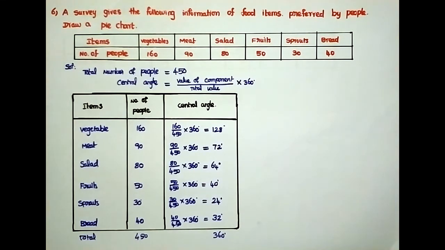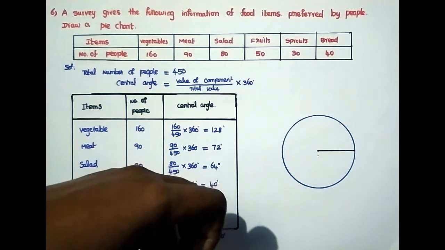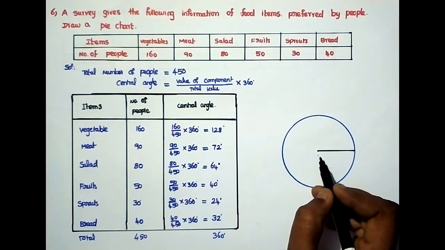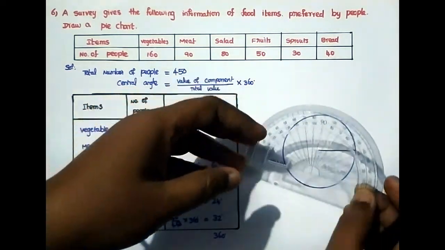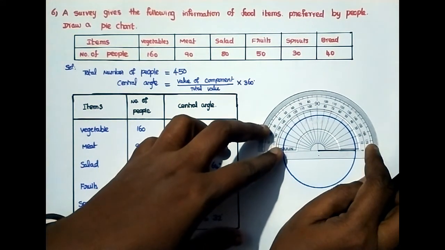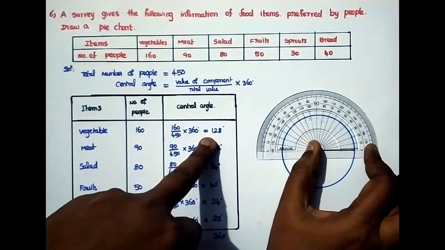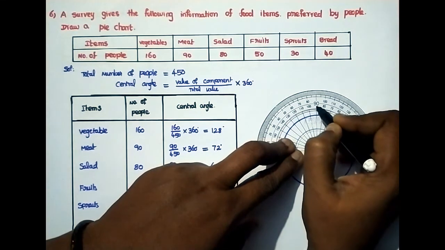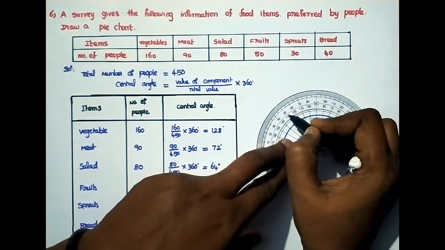Now we have to draw the pie chart. Draw the circle, and from the center point we have to draw a line first, and then take your protractor and measure. First one, 128 degree: 90, 100, 110, 120.